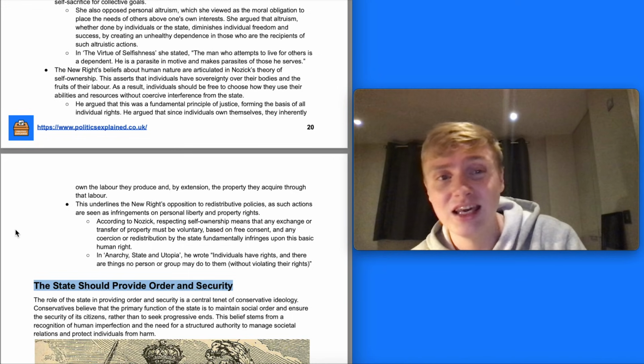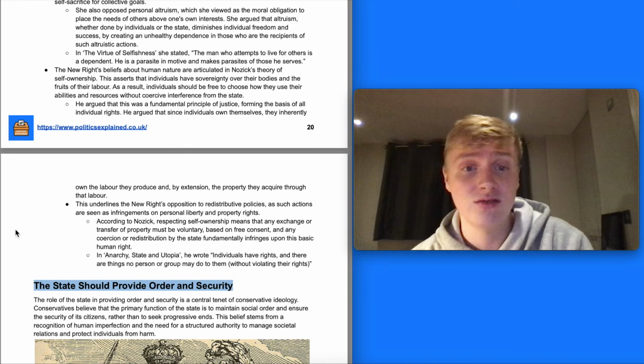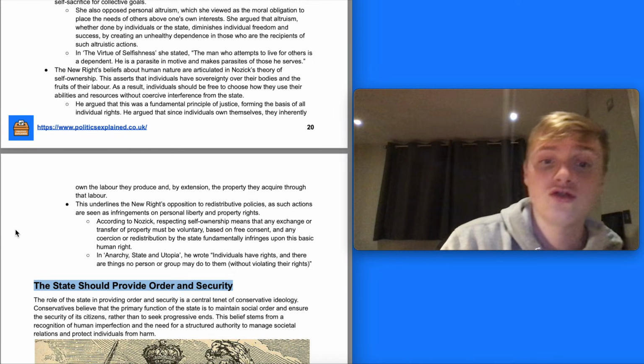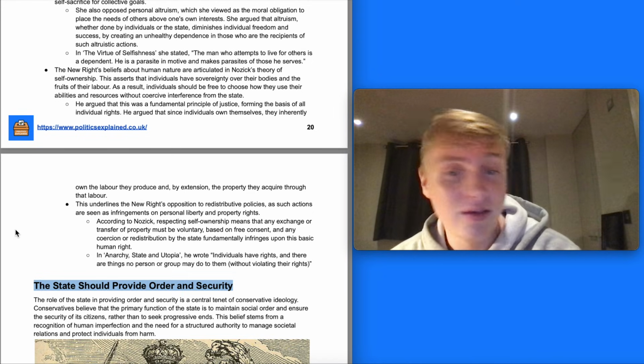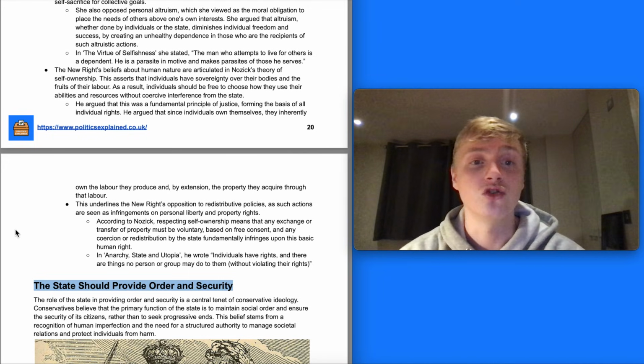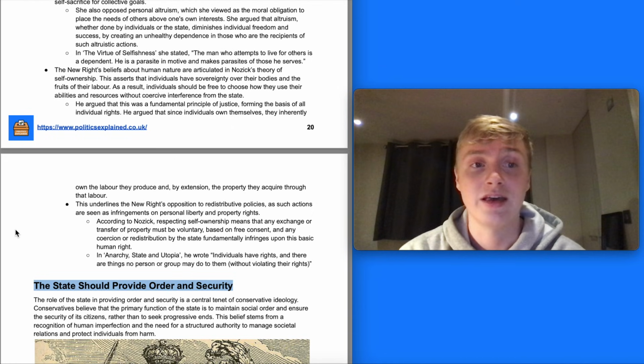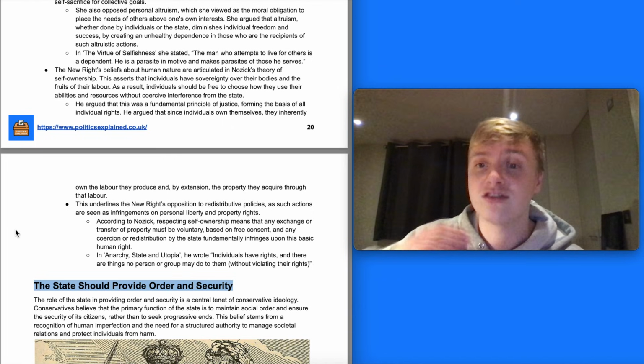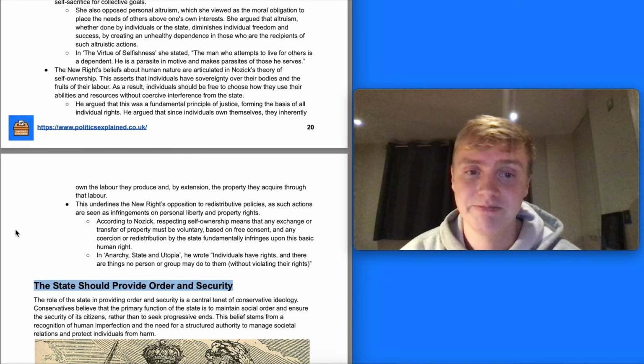He argued this is a key principle of justice, and this was key to his real opposition to taxation, for example, because he believed this government intervention, this forcible taking of your money, was opposed to self-ownership.